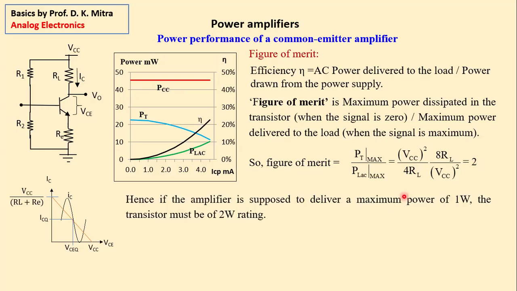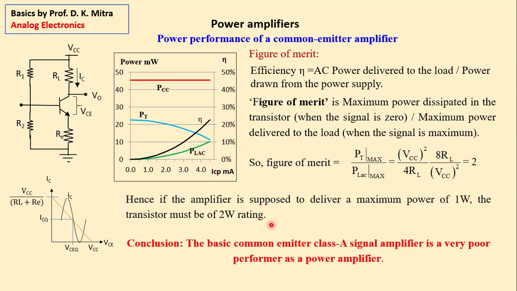That means if the amplifier is supposed to deliver 1 watt of sound power, then the transistor must be of a 2 watt rating. Because this is how you decide which transistor to buy or use. If your customer wants a sound power output of 1 watt, then you need to use a transistor whose rating is at least 2 watt, right? That is the figure of merit.